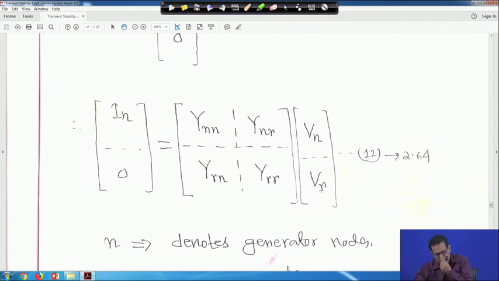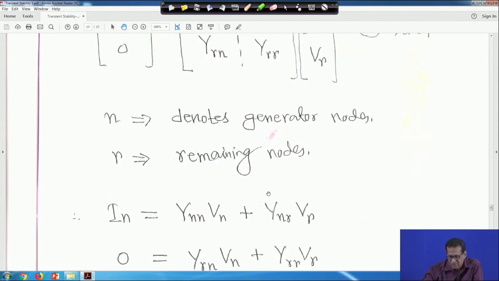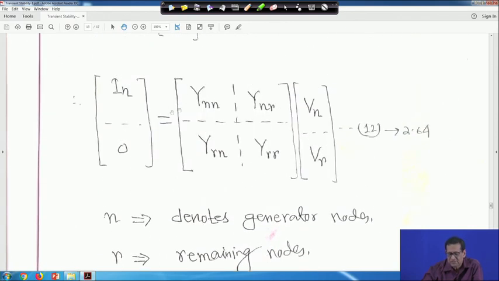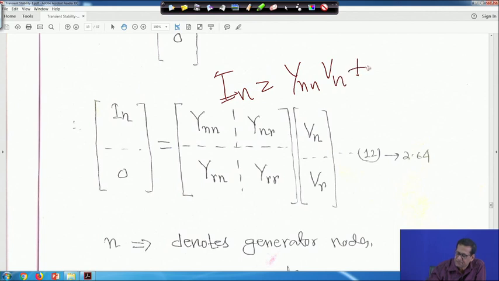When we take a few examples, at that time we will find things are very easy, right. Now, n denotes the generating nodes and r the remaining nodes. From this equation you can write two equations. One is In equal to Ynn Vn plus Ynr Vr.